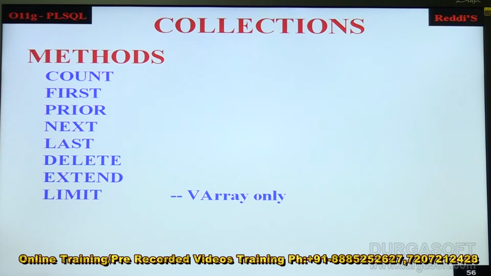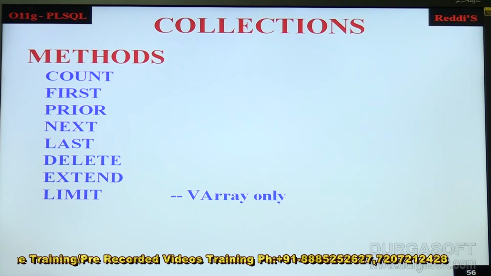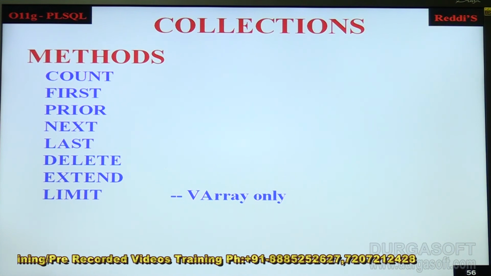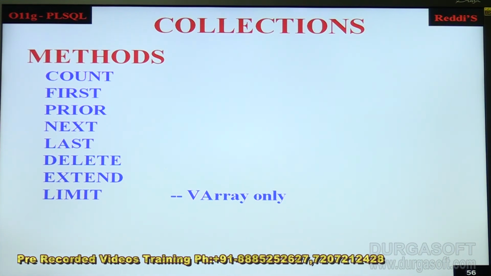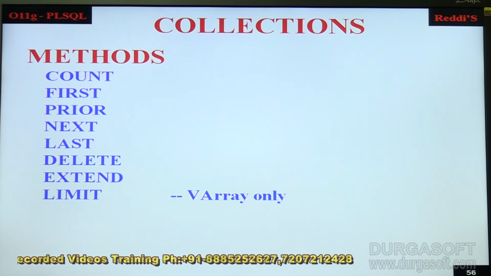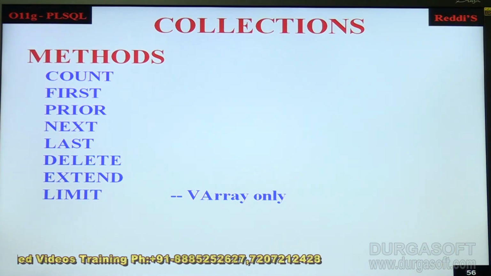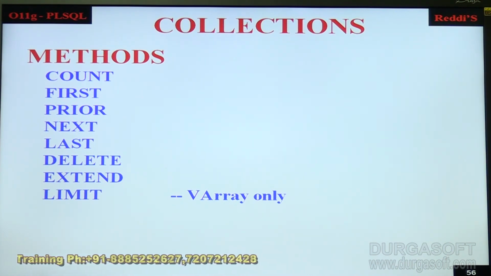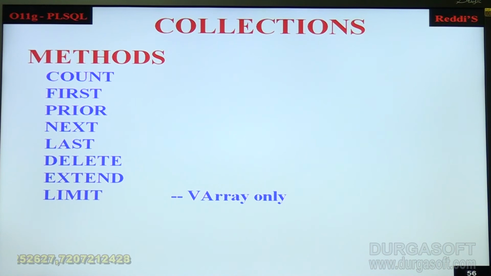If you add 3 elements, the count is 3. If you extend the collection up to 100, but have 3 elements, the count is 3, not 100. Means 100 positions are available to add values, but we have added only 3 values into the collection. Even though 100 positions are opened, the number of values we have inserted is only 3. So the count becomes 3. That is the number of values which are stored in the collection is the count.